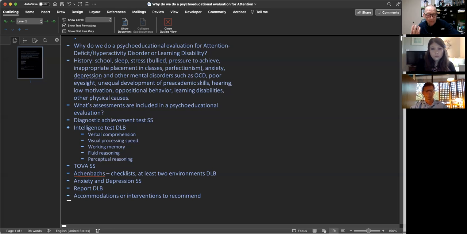We're processing information all the time visually. We get a measure of working memory. Turns out that working memory is one of those things that is often associated with attention deficit. Not always. Visual processing speed is often also an issue, either one or both of those.